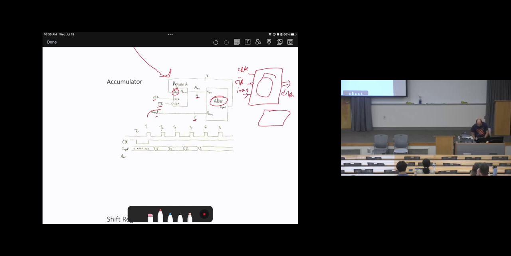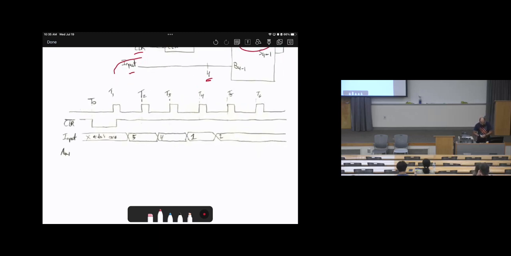Let's assume here are the clock cycles, here is the clear button, and here are the inputs. As a banker, I already have the inputs like this: 5, 4, 1, 2. Look at the clear button at T0, T1, T2, T3, T4, T5, and T6.